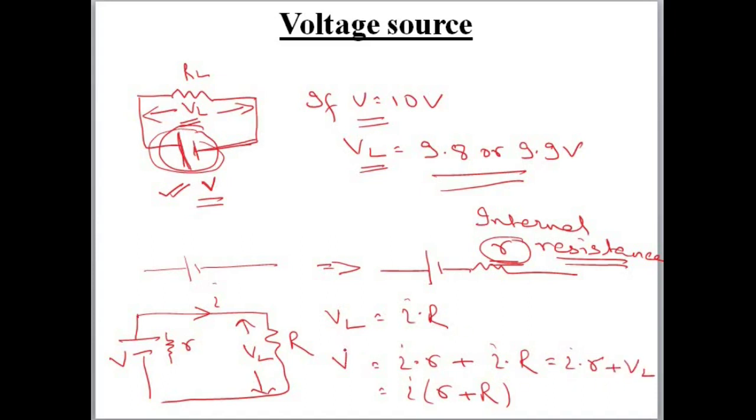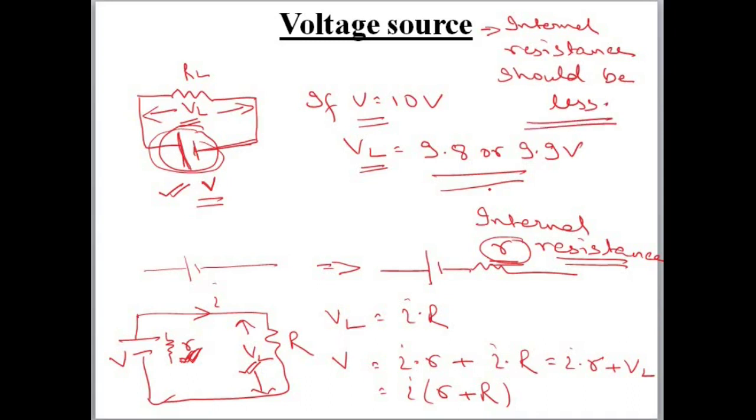So what is the required thing in any voltage source? This resistance should be as less as possible. If this is less, then only the internal voltage drop will be less and you will get maximum voltage across the load. So in a practical voltage source, the internal resistance should be less, then only you will get maximum voltage across the load.